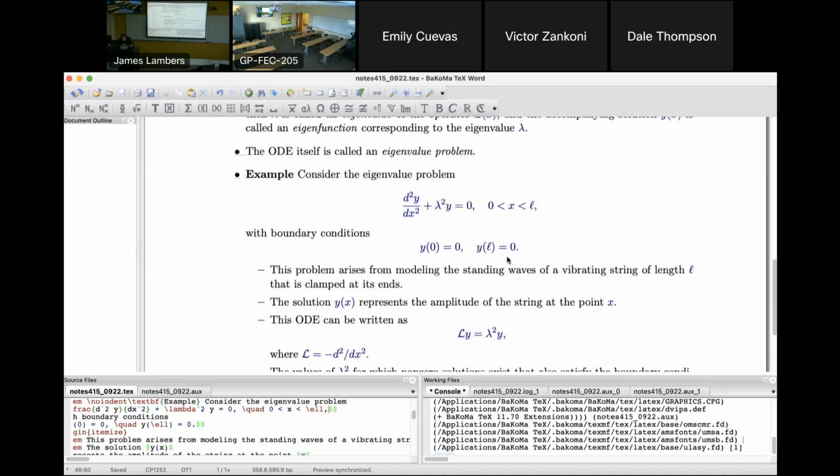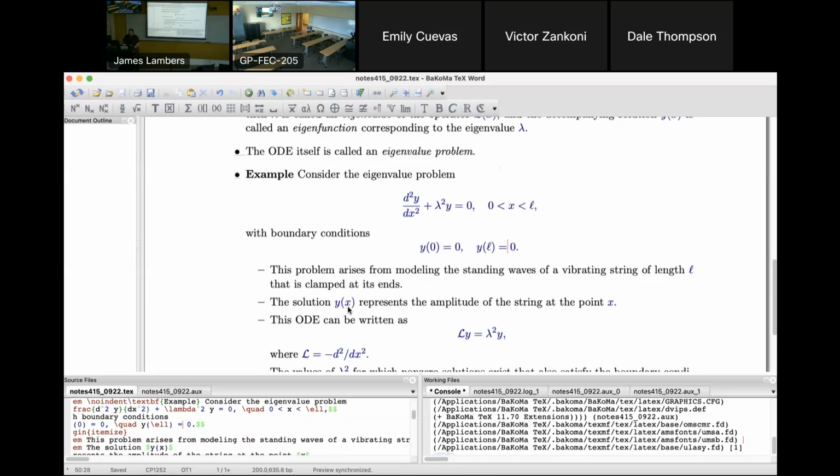So where this can come up, this can describe the oscillation of a vibrating string, where there's no damping involved, so it just vibrates at the same frequency forever. So when you solve a problem, the solution represents the displacement of a string at any given point.